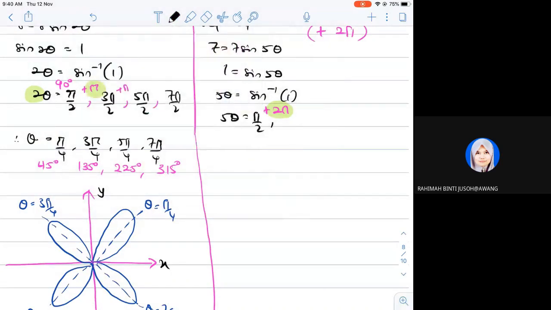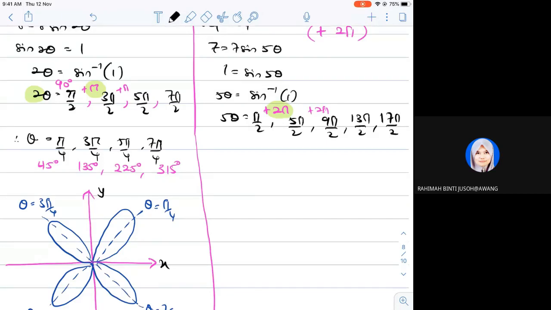Okay, now we need to find the other 4 angles. So pi over 2 plus 2 pi, we should get 5 pi over 2, and then plus 2 pi again. Okay, plus 2 pi again, we will have 9 pi over 2, and then plus 2 pi again. So 13 pi over 2, and then 4 angles. The last angle should be 17 pi over 2, yes.